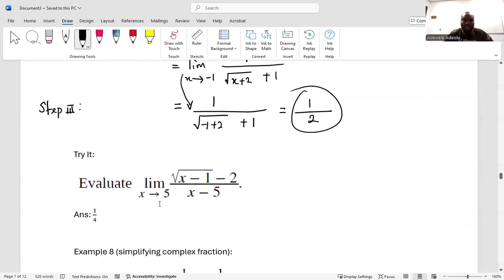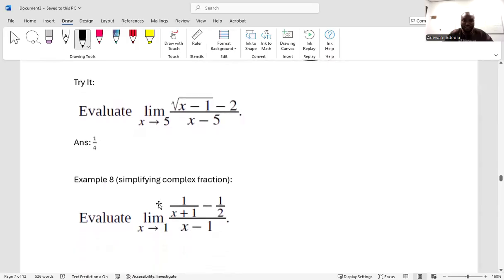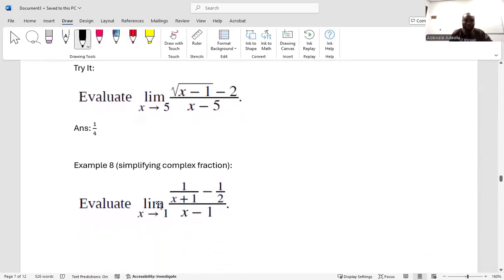Now, again, you should pause this video and work this out. Your answer should be 1/4, I believe. Again, first look for the form. If you plug in 5 here, that will be 4.